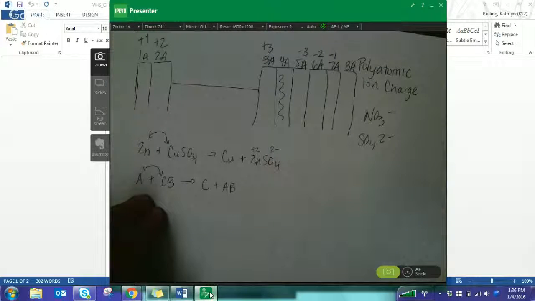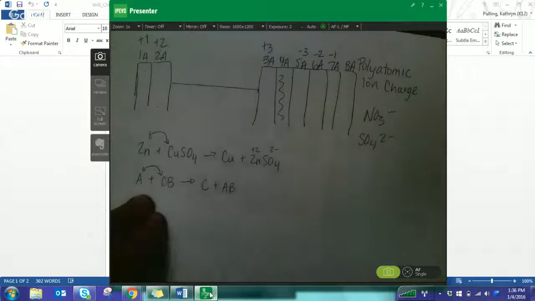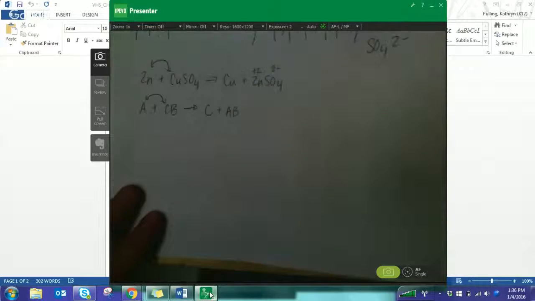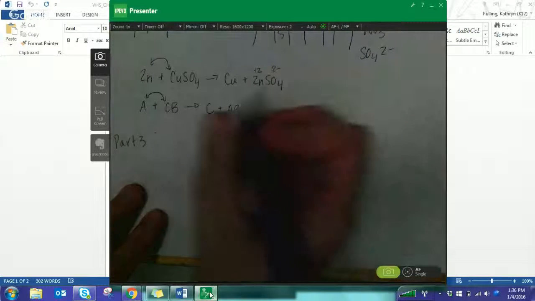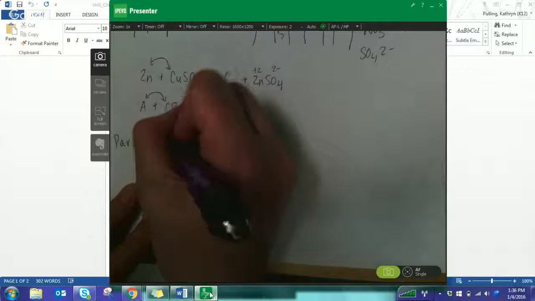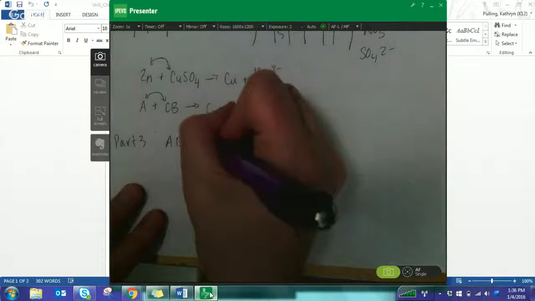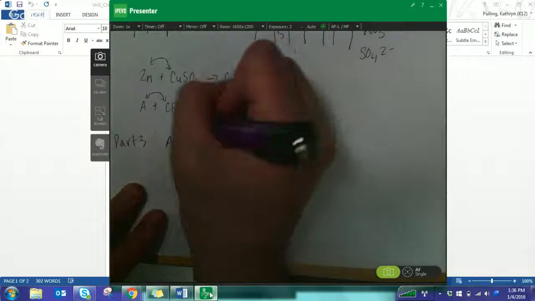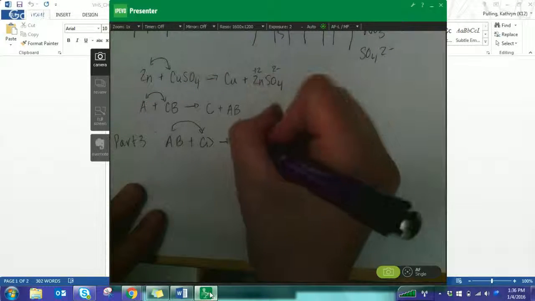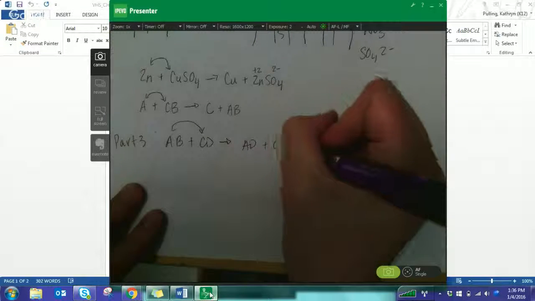For example, if I switch over to part 3, this is going to be a double displacement reaction, which means we have 2 ionic compounds, and those are going to switch their cations, making AD plus CB.